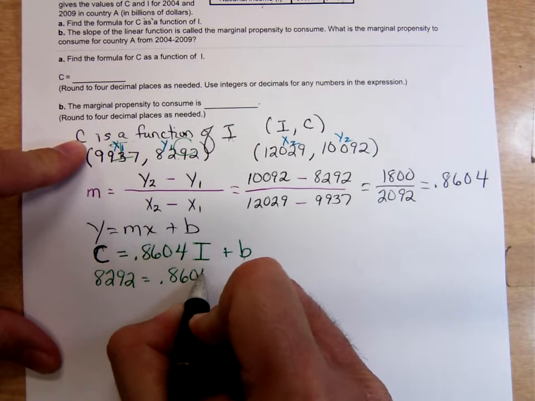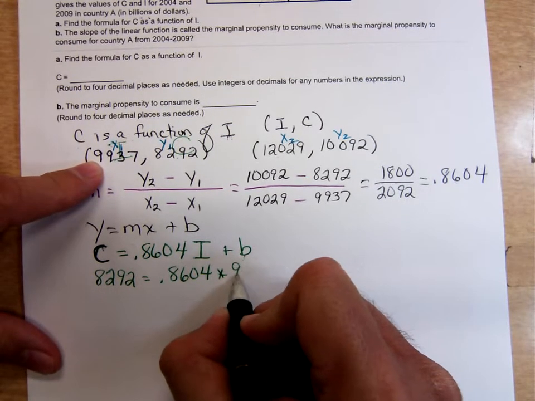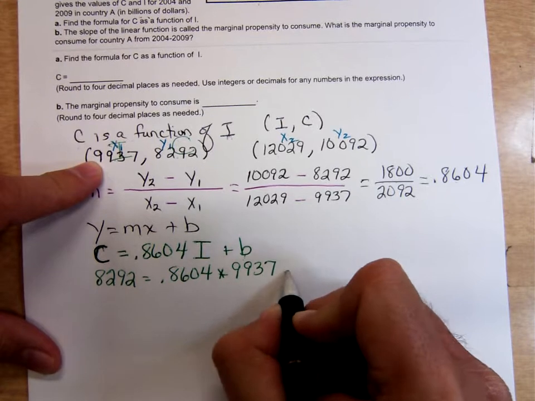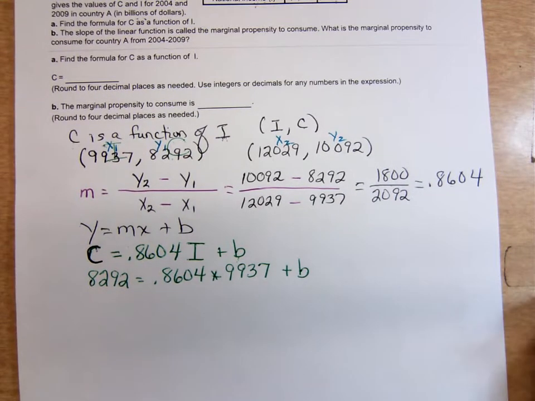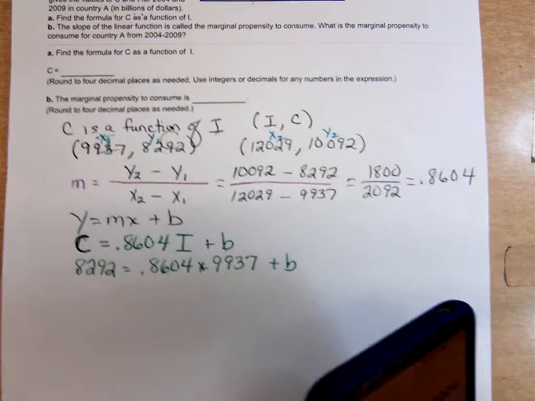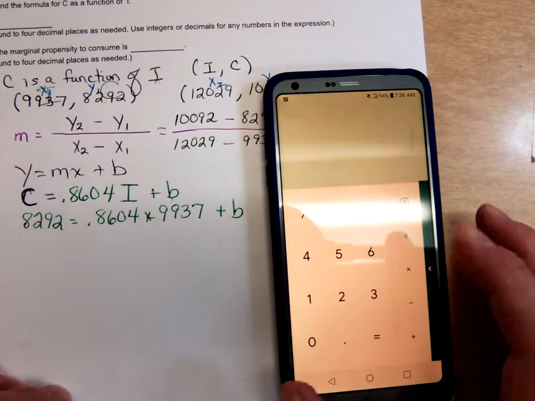I'm plugging 9937 in for I. And now it's a little bit messier than what we've been doing, but real life usually has messy numbers.